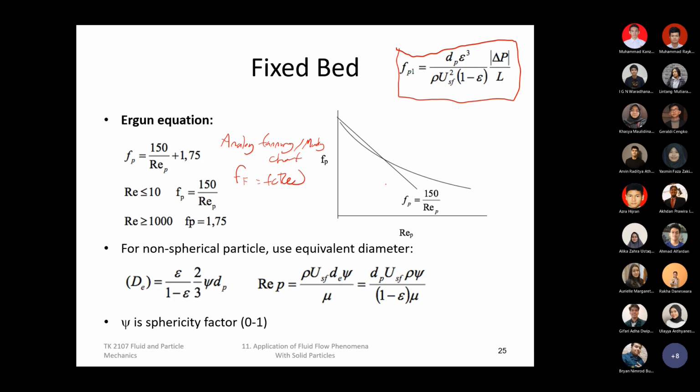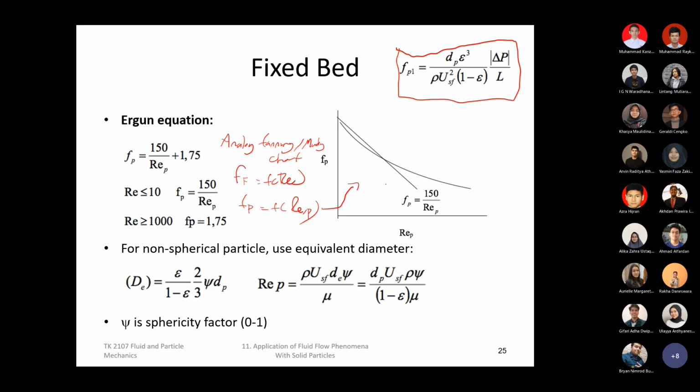Similarly, Fp can be calculated as a function of Reynolds particle, depending on the regimes, using a chart.